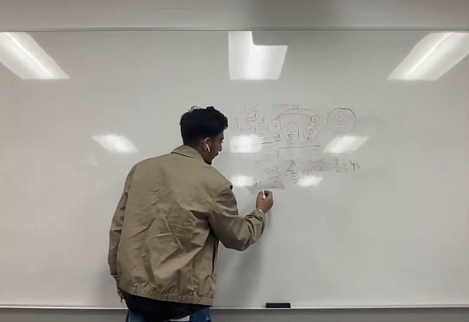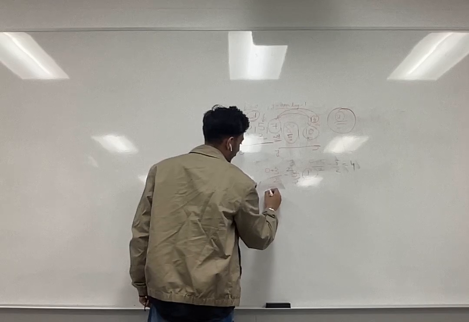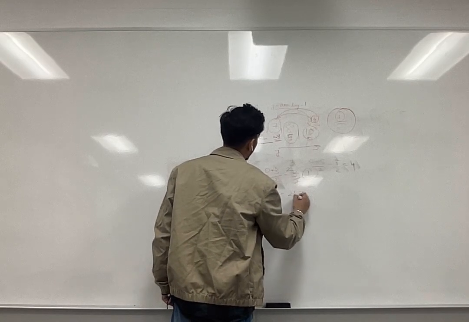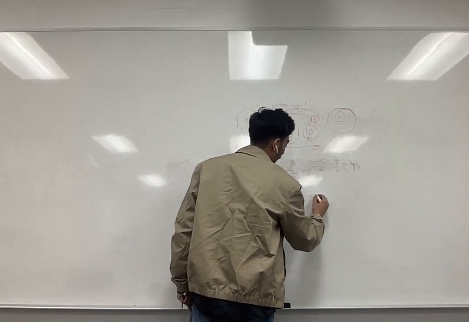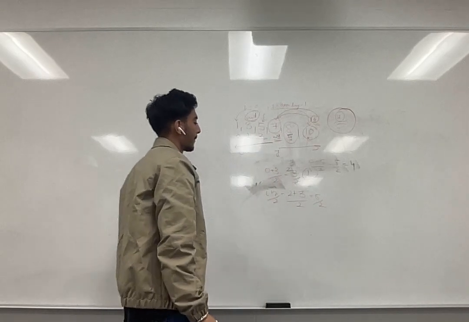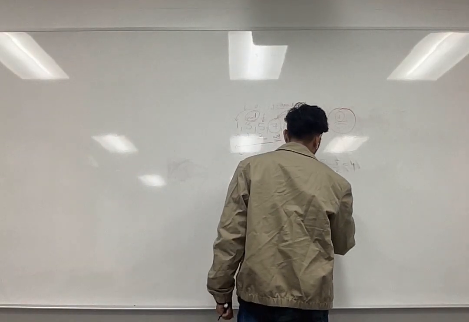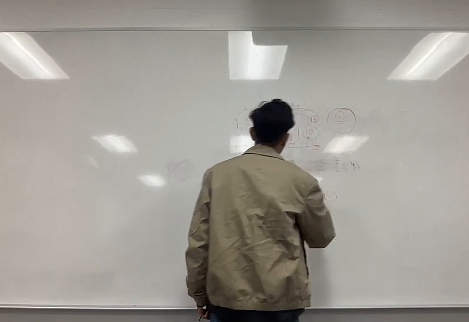We again find the mid: i plus j by 2. So i is 2 and j is 3, which gives 5 by 2, and that becomes 2.